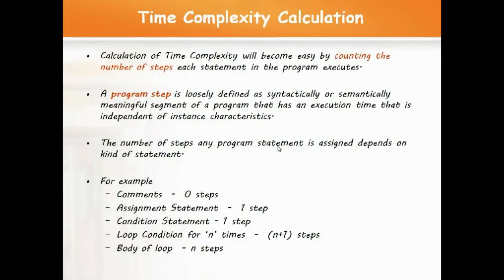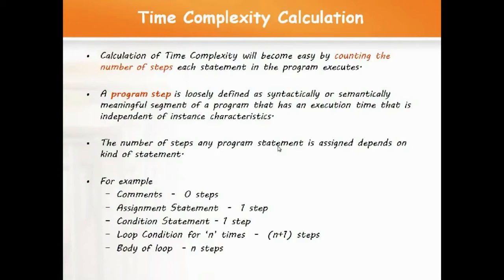For example, if it is a comment, it is not executed at all and it takes 0 steps. If it is an assignment statement, it takes only 1 step to assign the value. If it is a condition, to check the condition, it takes only 1 step. If it is an iterative statement or a loop, to iterate n times, it takes n plus 1 steps, where n steps will check the true condition and the n plus 1th step will check the false condition.